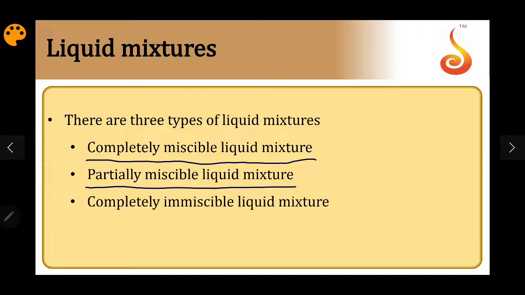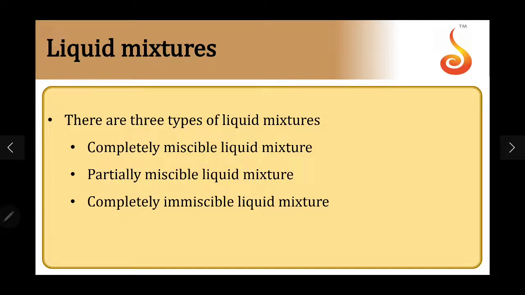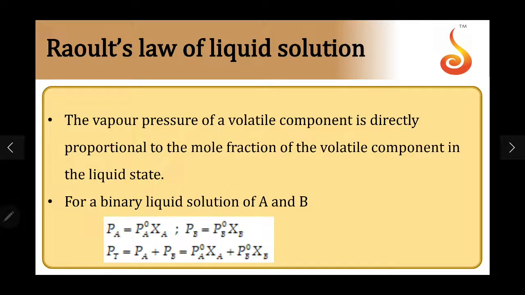After that, they separate into two distinct layers, and the two layers are basically saturated solutions of one in the other. Three, completely immiscible liquids. Even one drop of the liquid will not be miscible with the other. So there are three different cases. In this chapter, we are concentrating mainly on the first type, that is, completely miscible liquids.